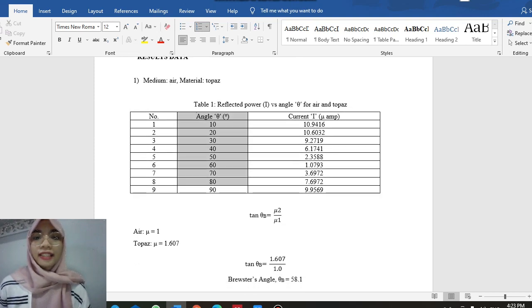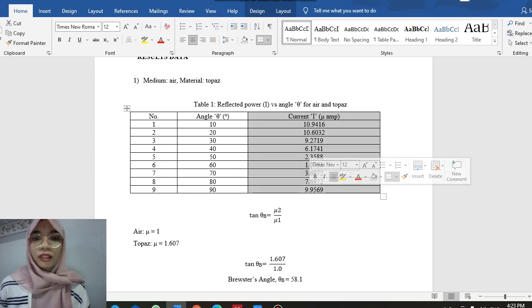The angle we obtain from what we determined in the simulation experiment, and the current or the reflected power we also obtain from the simulation from the current output unit device.